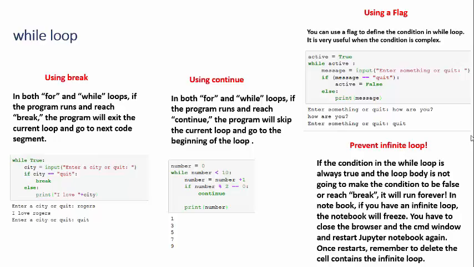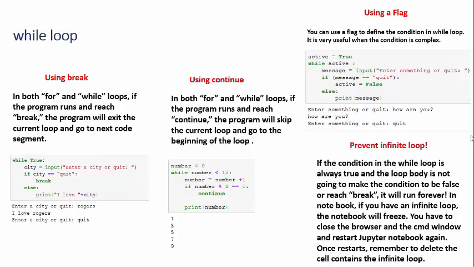You have to close the browser and the command window and restart the Jupyter notebook again. Once it starts, remember to delete the cell containing the infinite loop. If you have the output from the infinite loop, you're going to see a very long cell containing the output. It takes a lot of memory, so remember to delete this particular cell.